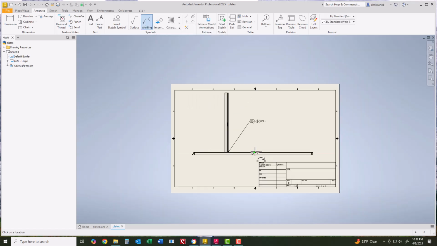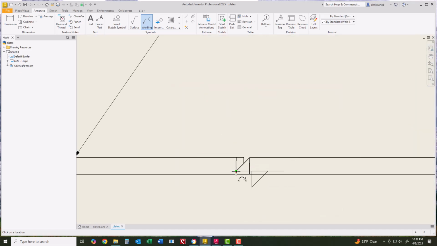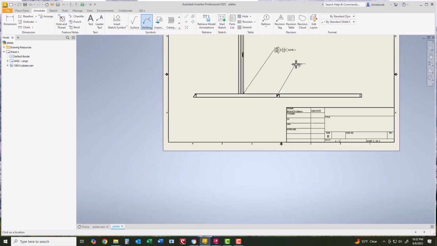So the next one was going to be this bevel groove weld, and I'm going to show you how to change that.